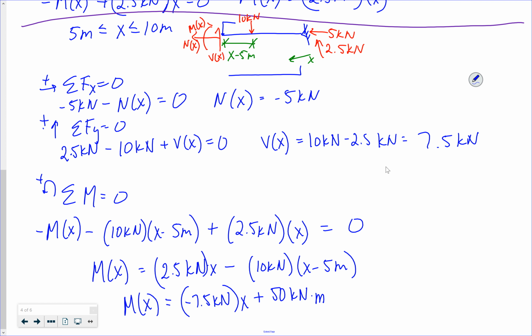So why do I have positive shear but negative? Anyway, okay. So those are my functions for my beam.